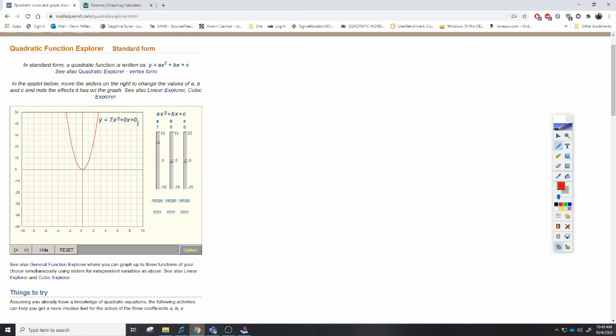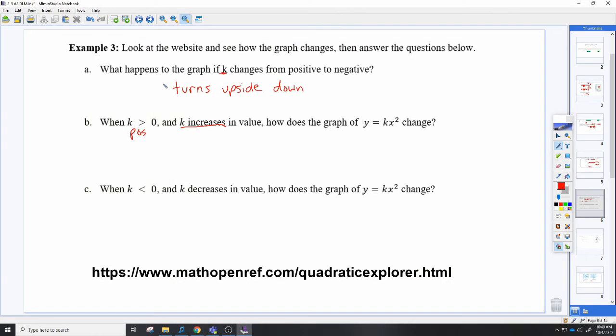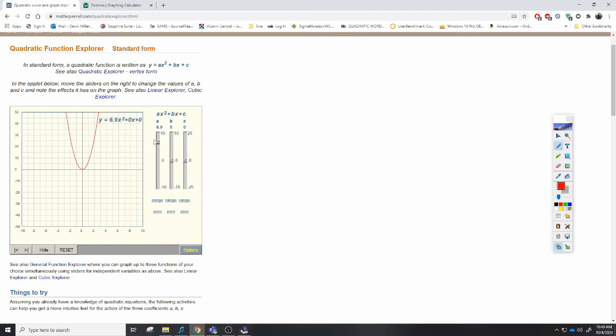I'm all the way up to 7. So remember, I started with a positive number, like 1.5, and I went up. What's happening? That's what we'll record. So we could probably say you can notice it's kind of getting skinnier. It's getting closer to the y-axis. Any of those things would be fine.